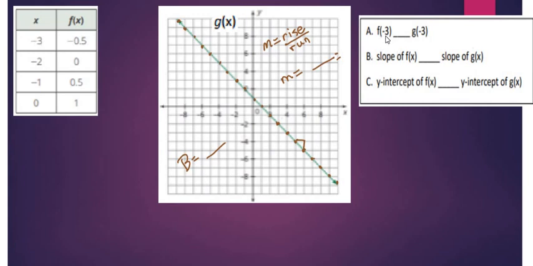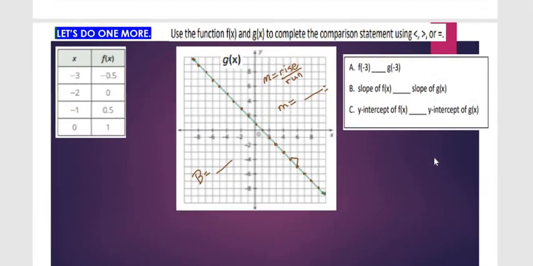So I see f of negative 3 and g of negative 3. Substitute it in. Look at your slope, because remember, you're going to identify your slope and your y-intercept, your m and your b. And once you have it, you can just write the numbers here and very quickly be able to answer these. So you're going to tell if it's greater than, less than, or greater than or equal. Pause me while you do so.